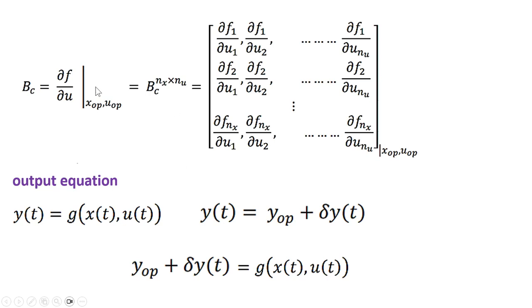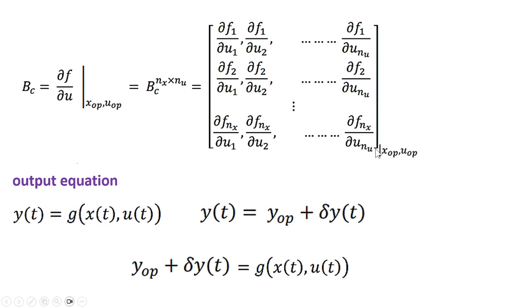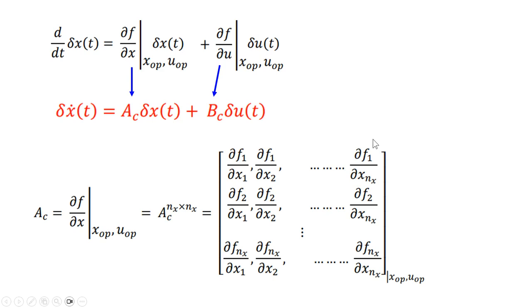Similarly, in order to find BC, we have to take the partial derivative of all of the functional values with respect to the control inputs. Thus, the size of BC will be as follows. And we should remember that we should evaluate these matrices at the operating point. Thus, for the state equation, we will get a linear model in the deviation form, delta xt and delta ut, where delta xt and delta ut mean deviation from the operating point.